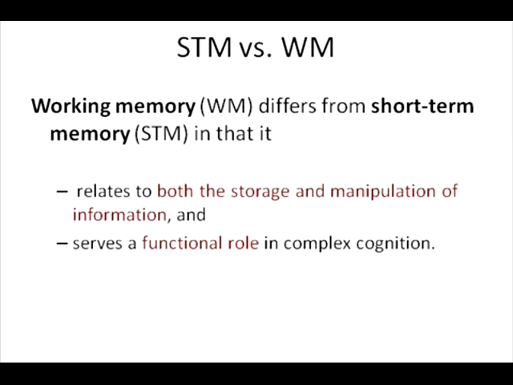As Silvana suggested, there are differences between working memory and short-term memory. They both relate to the storage and the manipulation of information, and serve a functional role in the complex process of the overall cognition.